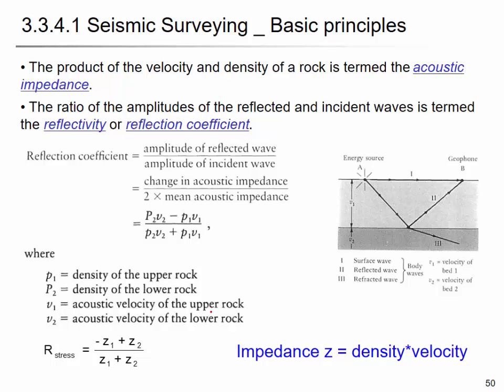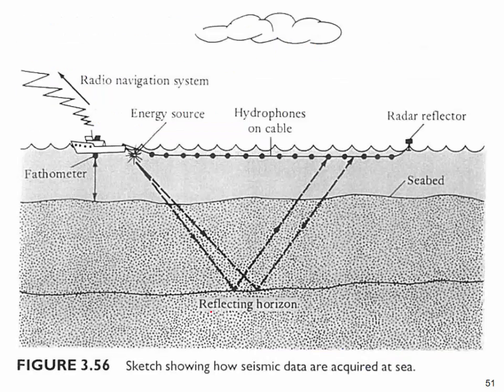I'll show you an example. This is a sketch showing how seismic data are acquired. In the case of offshore exploration, you have a boat towing a lot of sensor arrays.